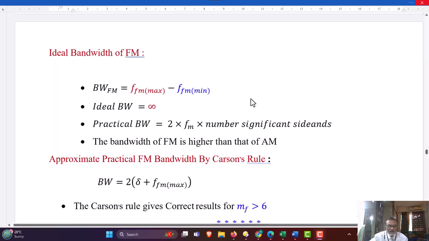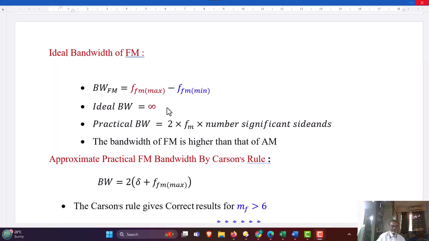So we can conclude that the ideal bandwidth of a frequency modulated signal is F max minus F minimum. Whereas the ideal bandwidth is infinity, because we have seen there are an infinite number of frequency sidebands generated. Practically, the bandwidth can be twice of Fm into the number of significant sidebands.